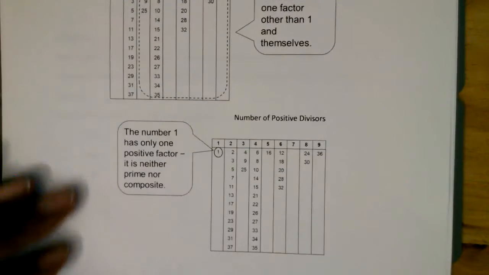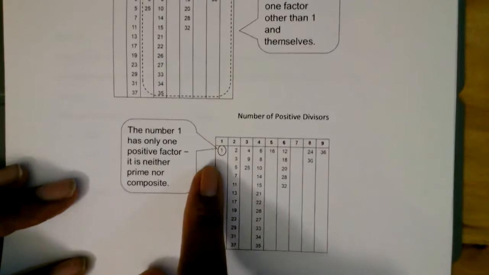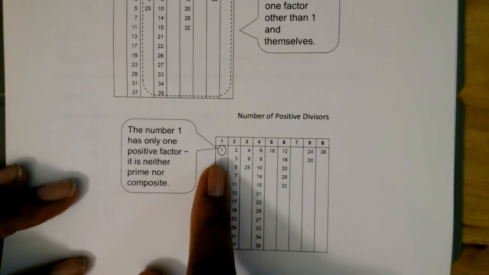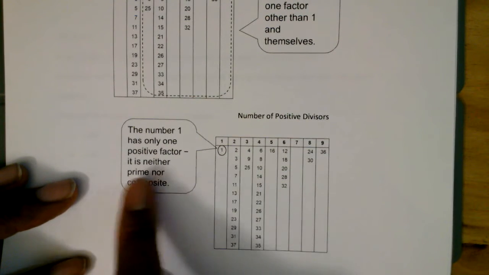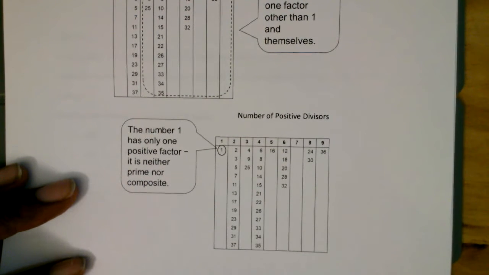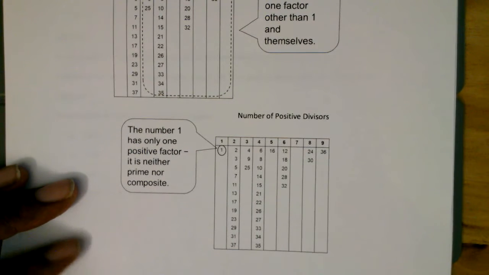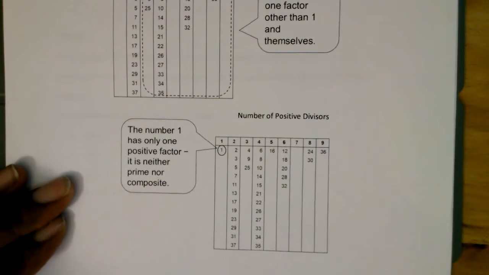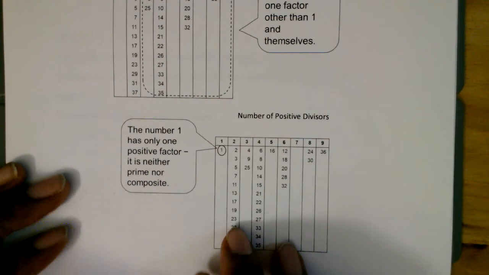And then the figure at the bottom only shows the number 1 with only 1 positive divisor. So it is neither prime nor composite. This introduces 2 types of numbers: prime numbers and composite numbers.